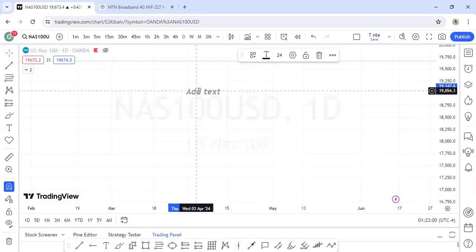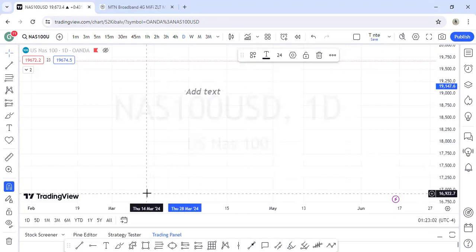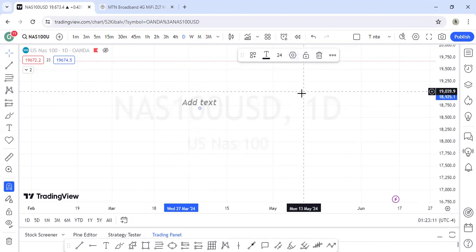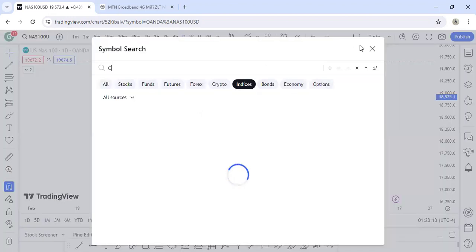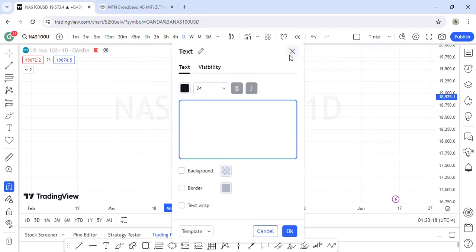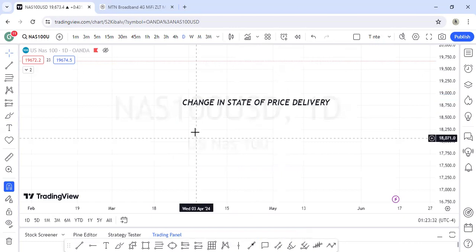I'm trying to get my text to come on board, but it's acting up and not letting me type in. So, change in the state of price delivery. This is how ICT defines order block, and I will go with this definition as well.